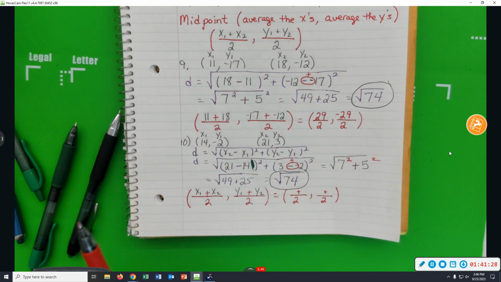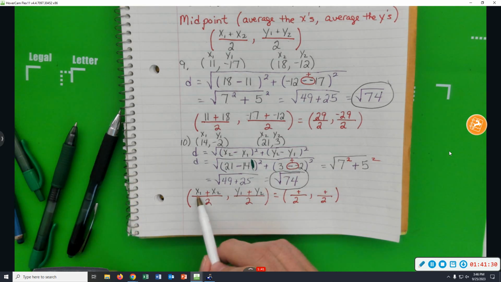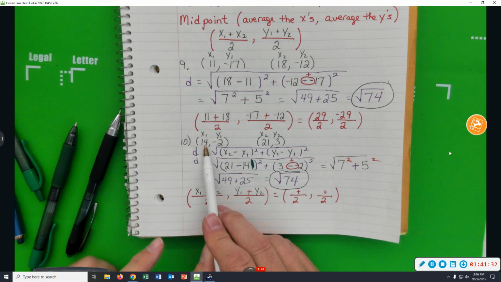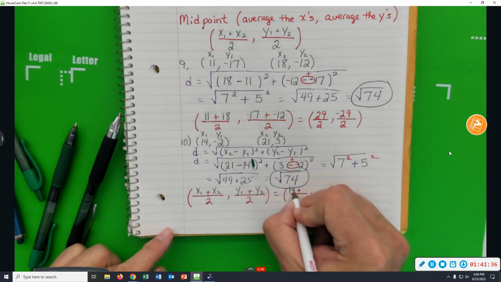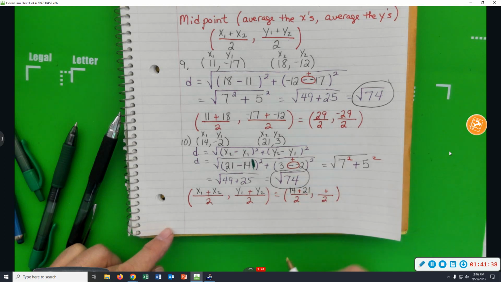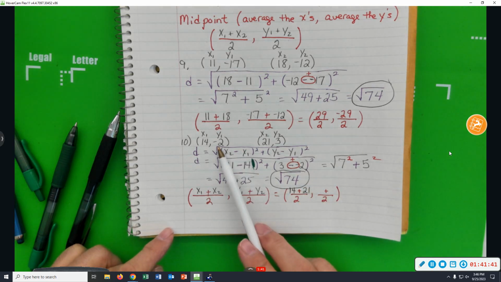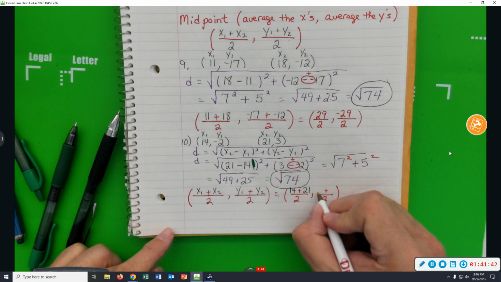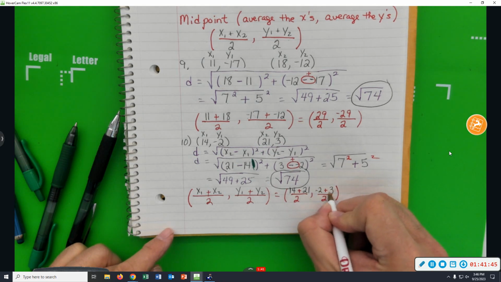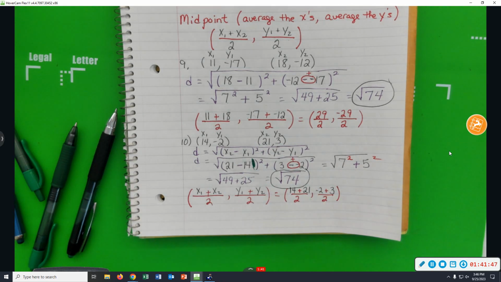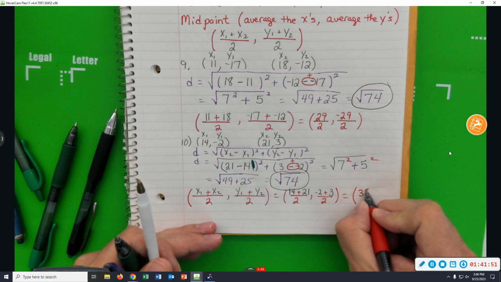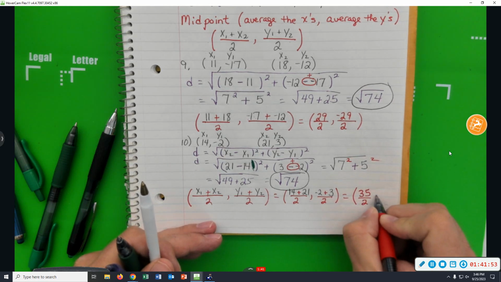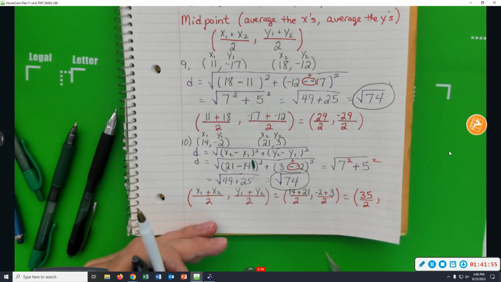So it's x, 14 plus 21, and then negative 2 plus 3. 35 over 2, comma, 1 over 2.